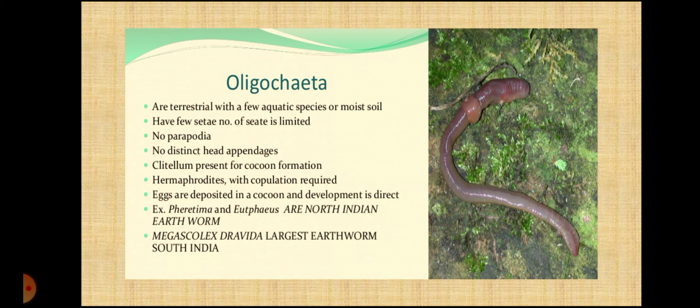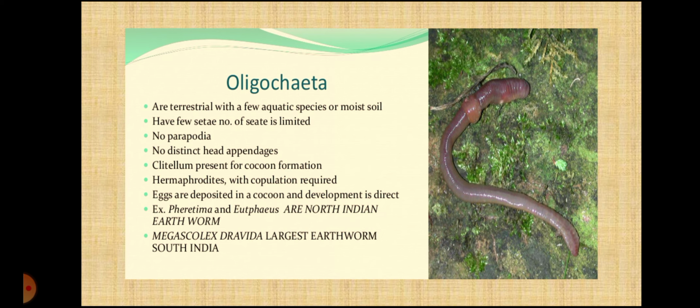Oligochaeta. Oligo means a few, and chaeta means hair like bristles or setae. These are mostly terrestrial with few aquatic species, found in moist soils, and have a limited number of setae.